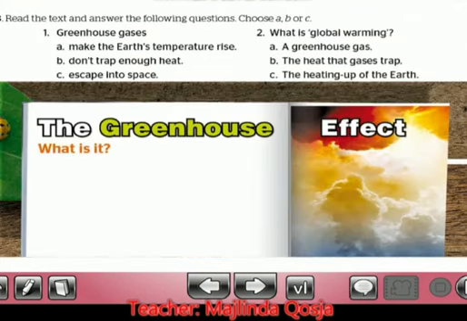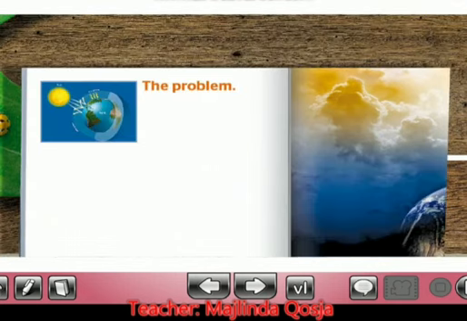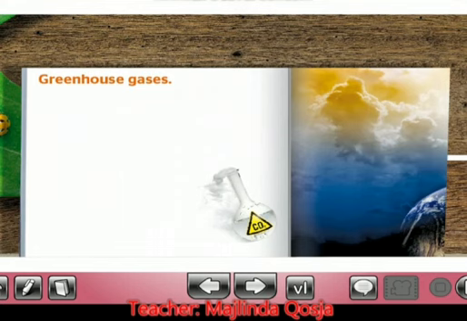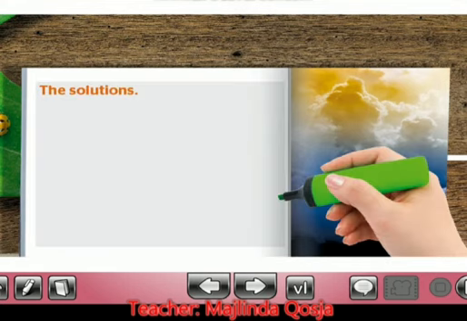The greenhouse. What is it? Greenhouse gases make the Earth's temperature rise. Global warming is heating up the Earth. Let's find out what the greenhouse is, what the problem is, and what the solution is.